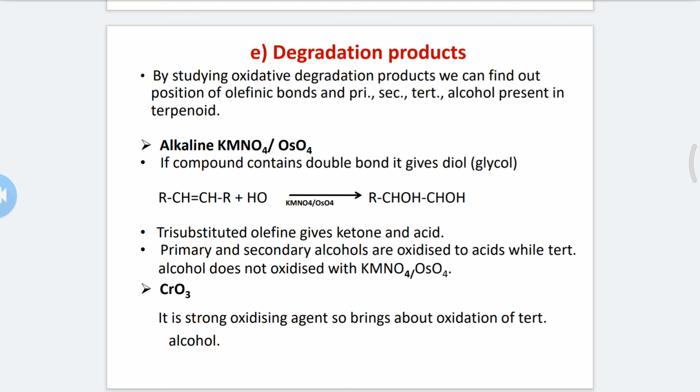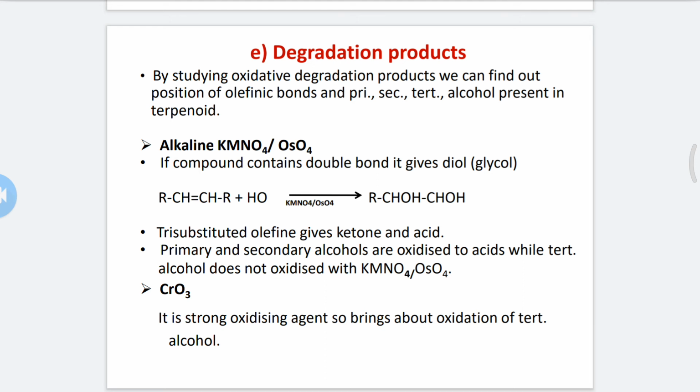Alkaline KMnO4 or osmium tetroxide reacts with the compound. If the compound contains a double bond, it gives a diol. So this is another method for degradation of terpenoids.